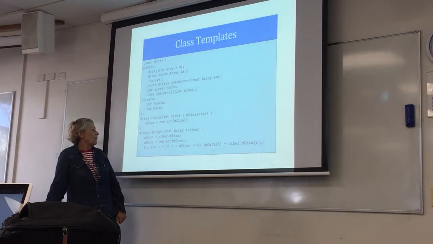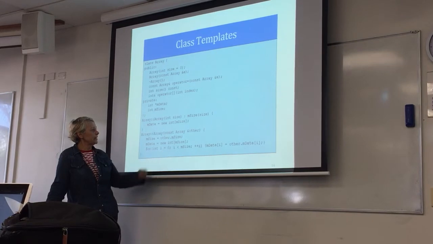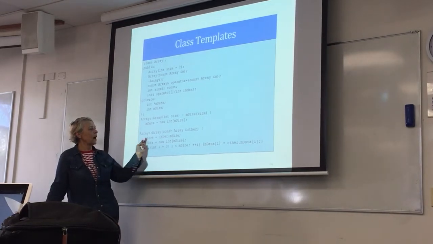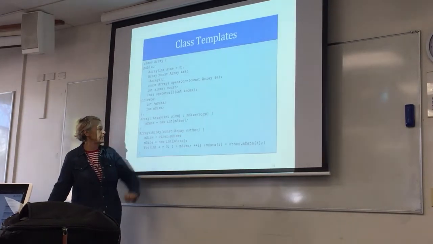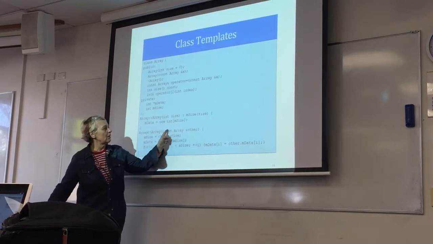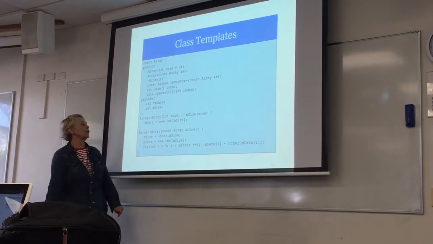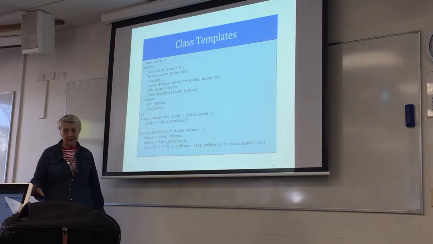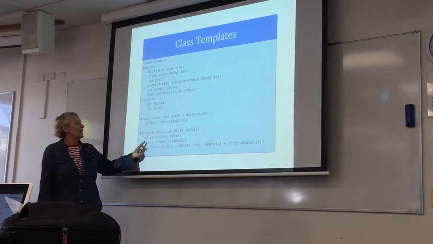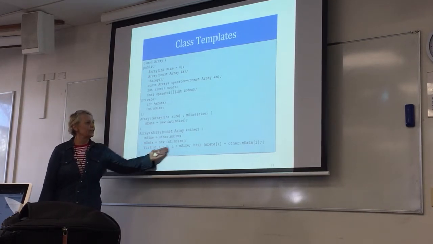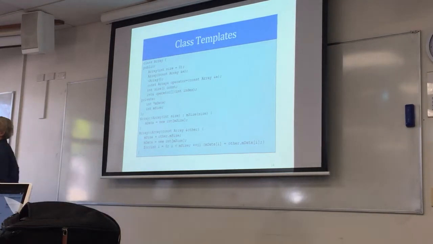For the copy constructor, set how many elements by copying from this one. It's a copy constructor, constant reference. You are probably by now familiar with this. And then allocate memory and do a deep copy. This is what happens for this simple thing.